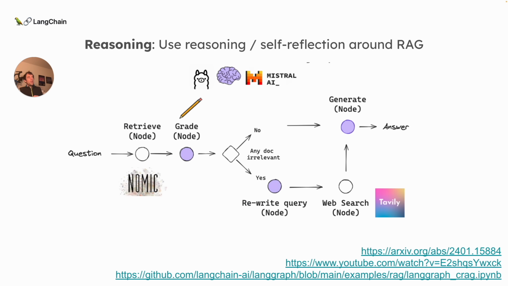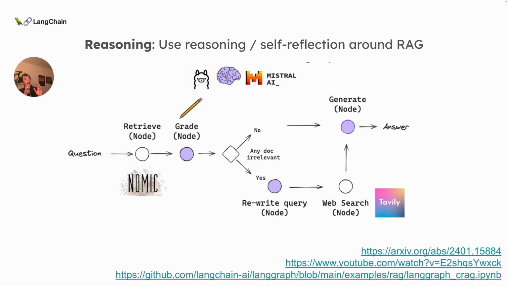And a related point, one of the challenges with RAG is that you may have a question that asks something that's outside the scope of your index, and this is always a problem. So a really cool paper called CRAG, or corrective RAG, came out a couple months ago that basically does grading, just like we talked about before. And then if the documents are not relevant, you kick off a web search and return the search results to the LLM for final generation.